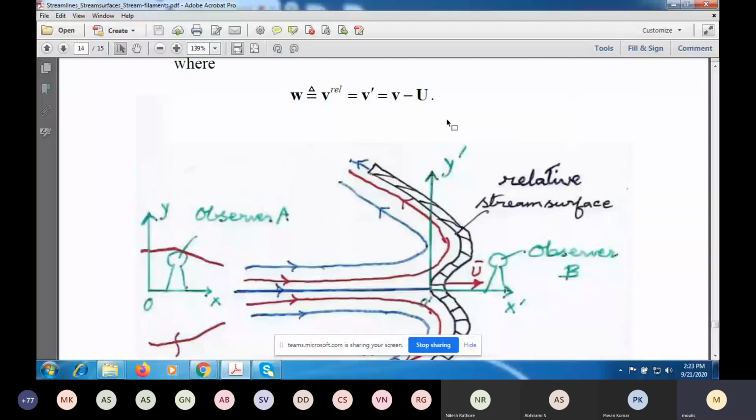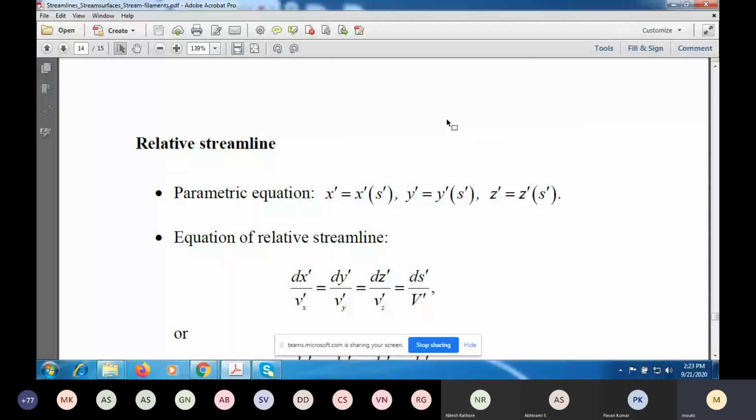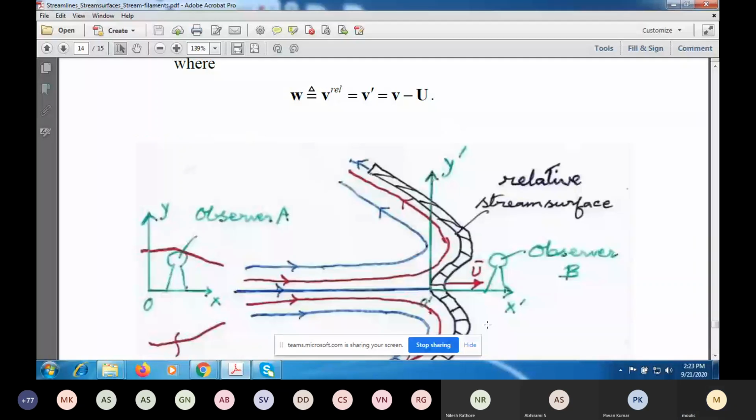Now, the parametric equation of a relative streamline as seen by an observer. We can have an observer whom I have called observer A sitting in the reference frame OXY. And imagine you have an observer B attached to this reference frame which is translated. So what is the streamline pattern that will be seen by observer B? Well, the equations will be similar to the equations that we have already seen.